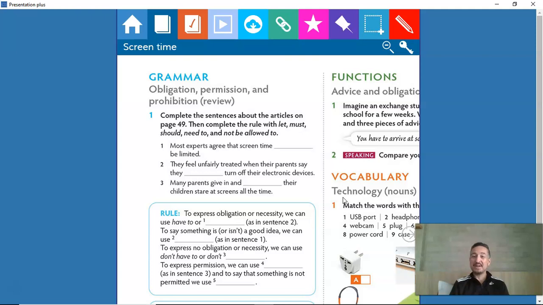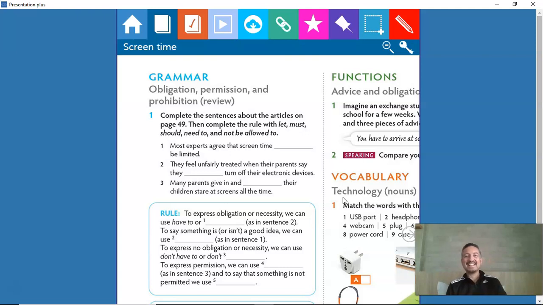So today we are going to start Unit 5 of Grade Time 5. And what is it all about? It's about screen time. We've read a text about screen time, the time that people, especially children, spend in front of a screen.